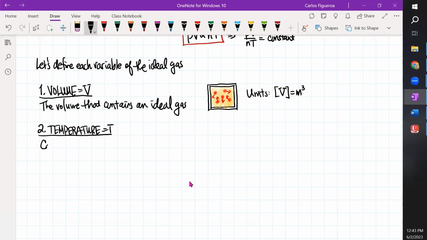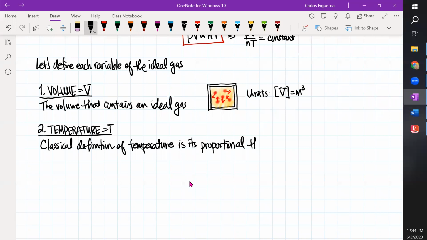So the classical definition of temperature is it's proportional to the average, and this is a unique average.